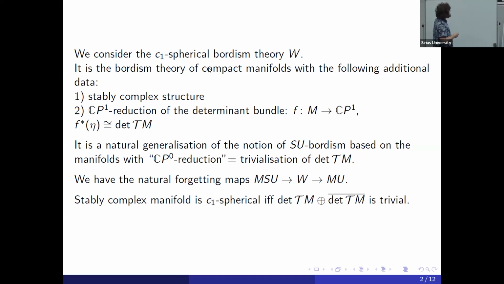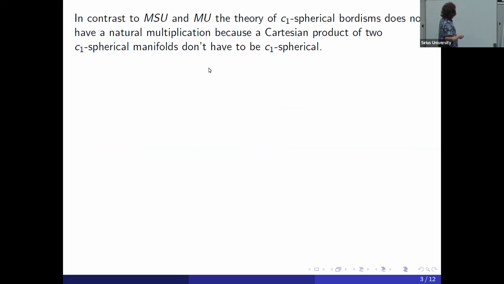A stably complex manifold is c₁-spherical if and only if the direct sum of its determinant and the complex conjugate determinant is trivial. In contrast to the theories of SU-bordism and complex bordism, the theory of c₁-spherical bordism, W, does not have a natural multiplication, because if we have two c₁-spherical manifolds, their Cartesian product is not c₁-spherical in general.